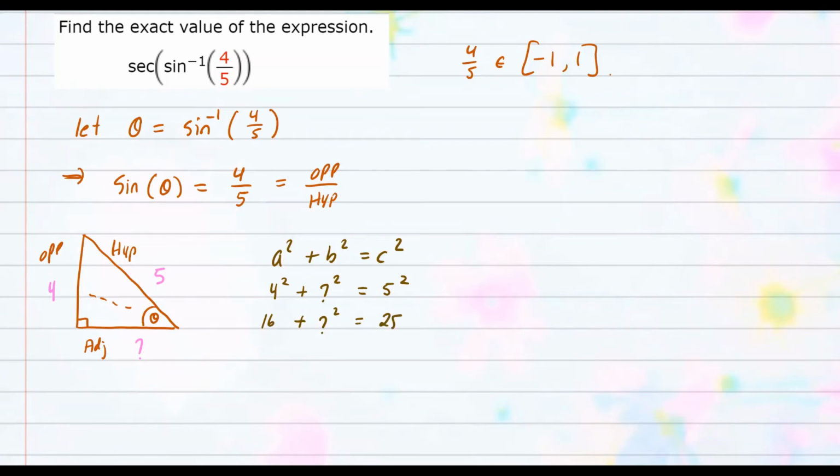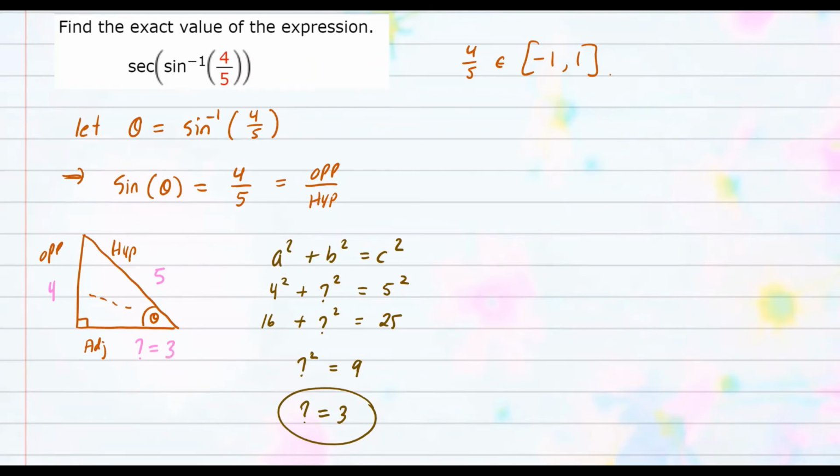Subtract 16 from both sides. So we have question mark squared is equal to 9, and then question mark will equal 3. So we know our missing length happens to be 3.